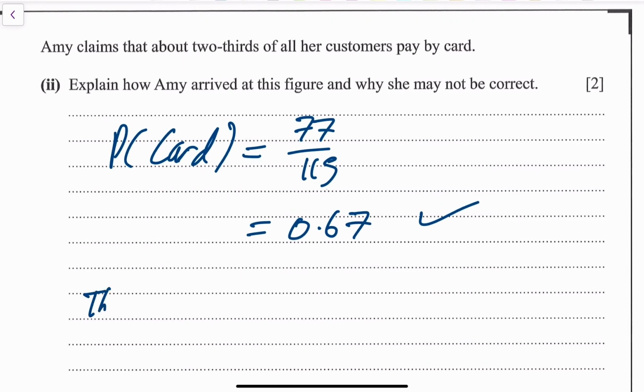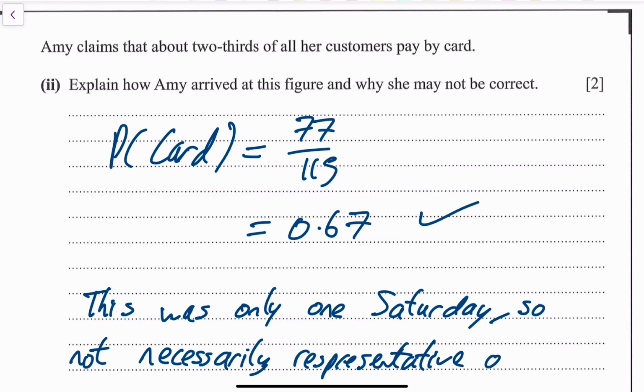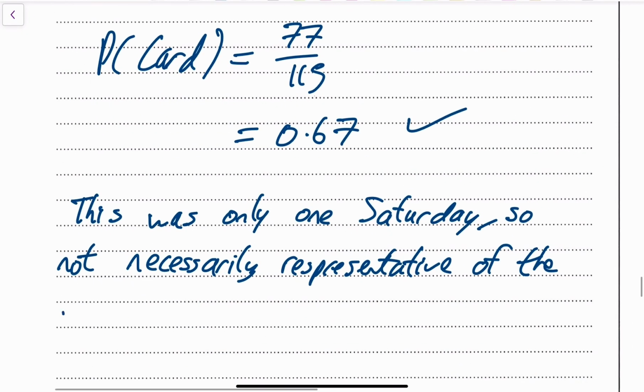So she's right to think that about 2/3 of the people paid by card, but that's only on that particular Saturday, one day out of 21. So I would just say this was only one Saturday, so not necessarily representative of the whole 3 weeks.